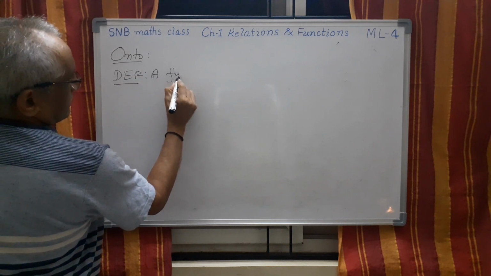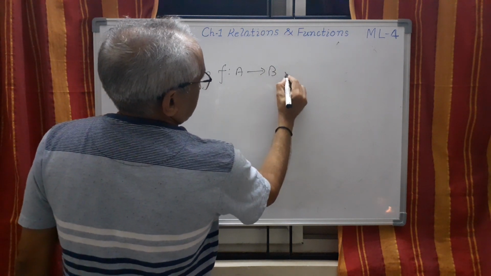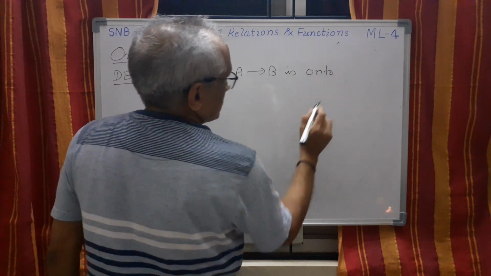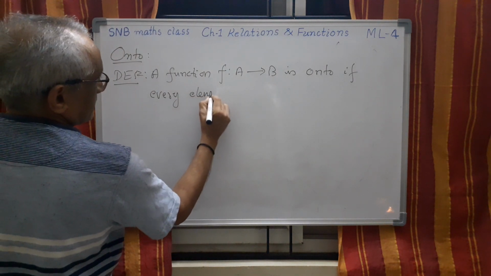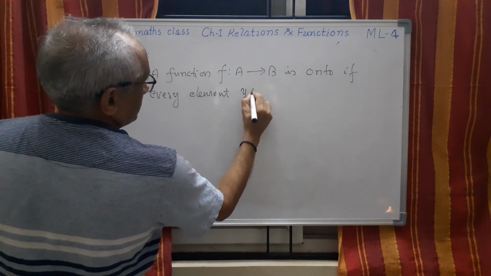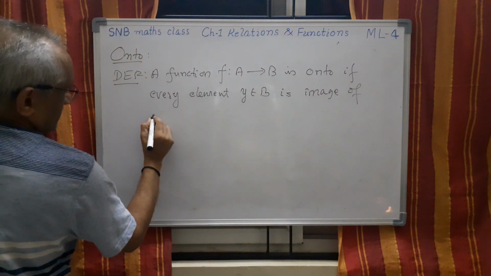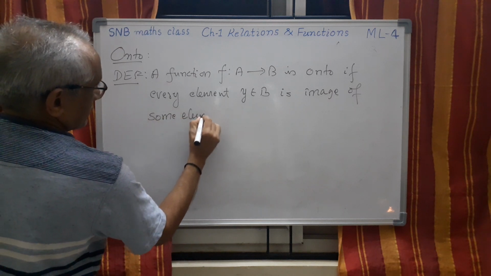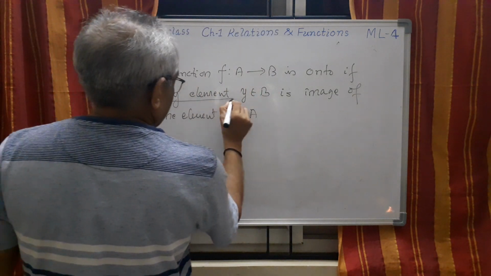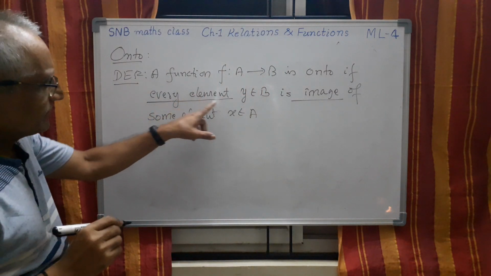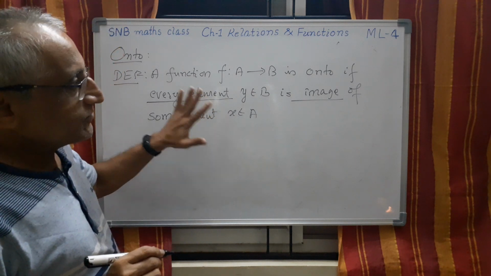A function f from A to B is onto if every element y belonging to B is image of some element x belonging to A. So what is the condition is every element y belonging to B. Even if you need not write every element, say every y belonging to B is image of some x belonging to A. So this is the meaning of onto function.